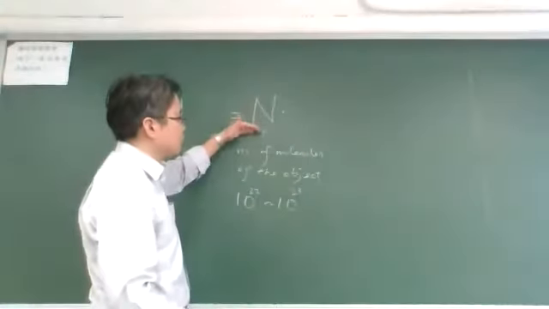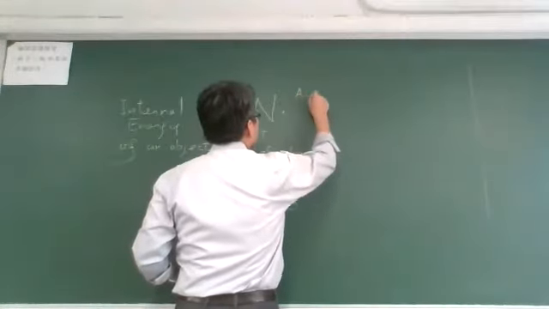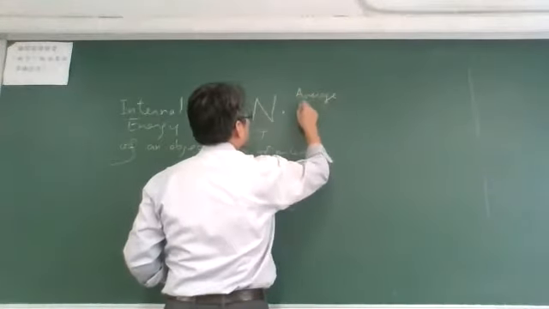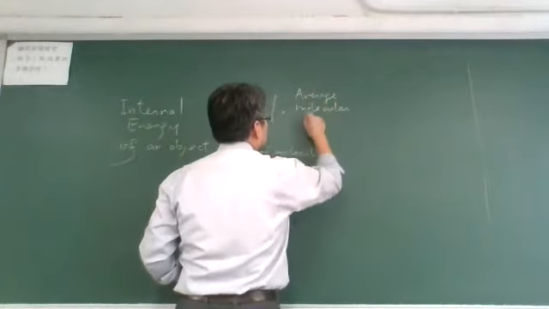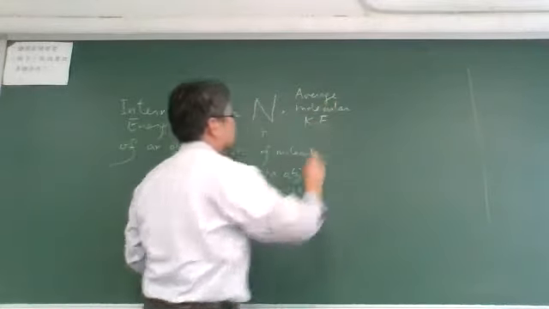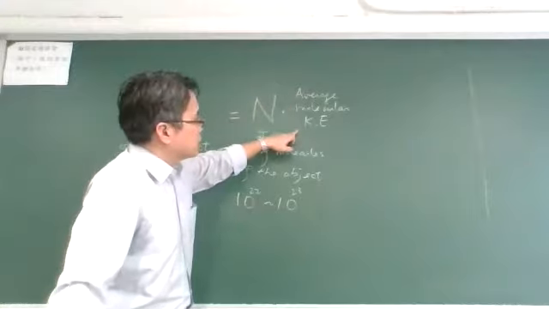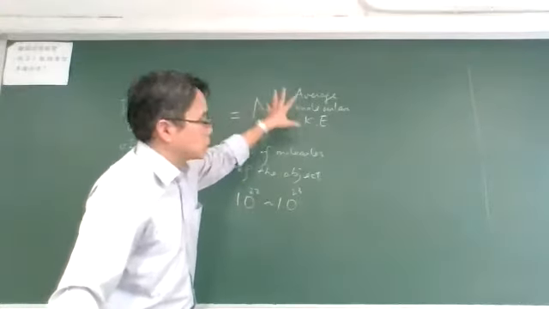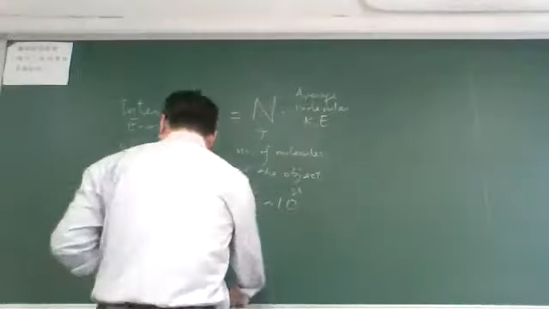The first term is about KE: N times the average molecular KE, and this term is the total kinetic energy of all its molecules.